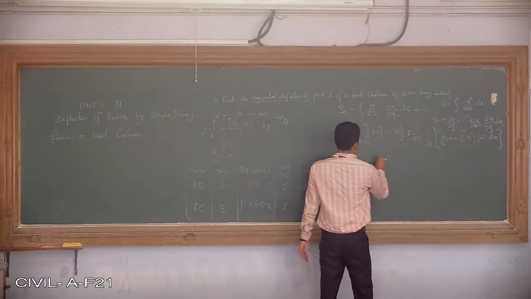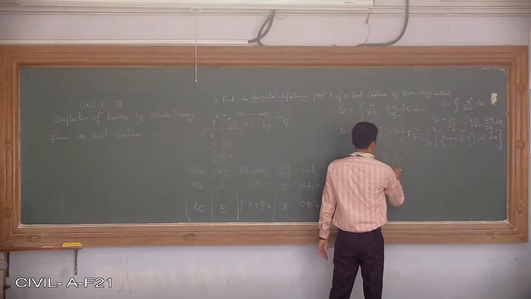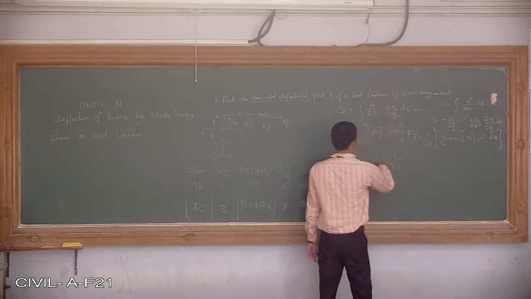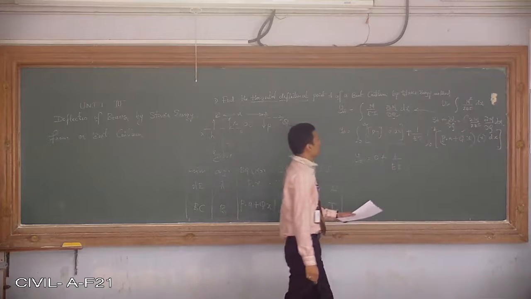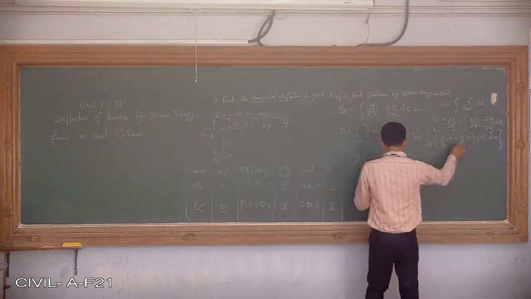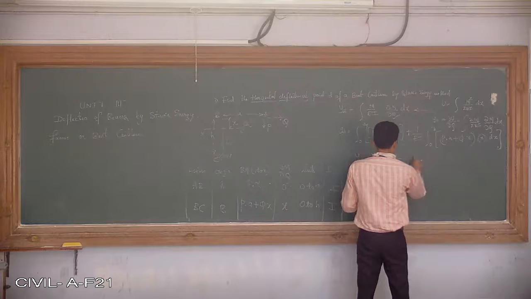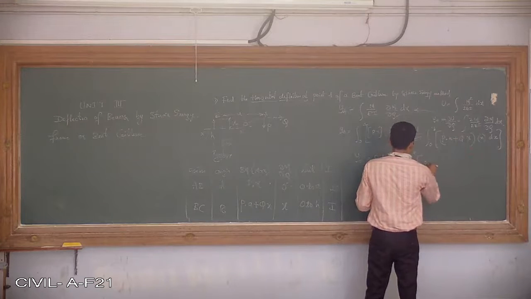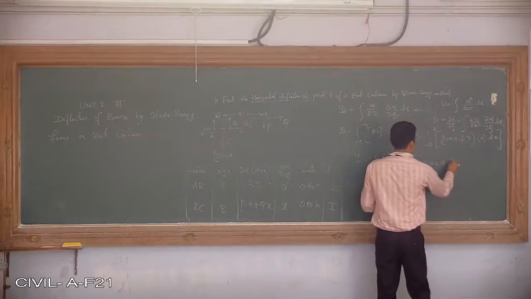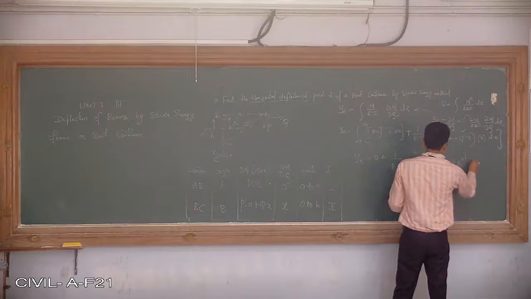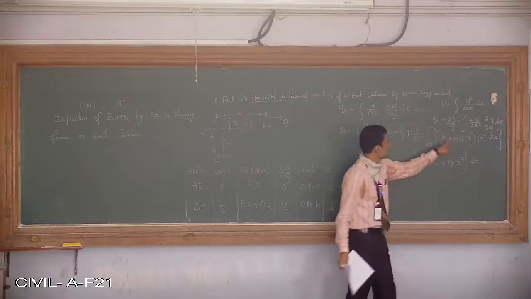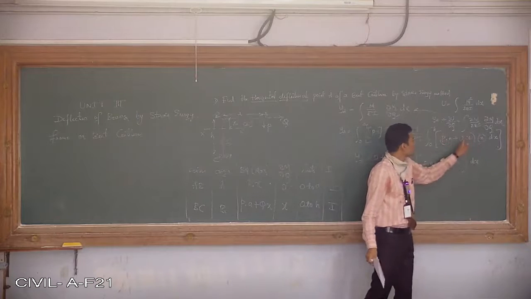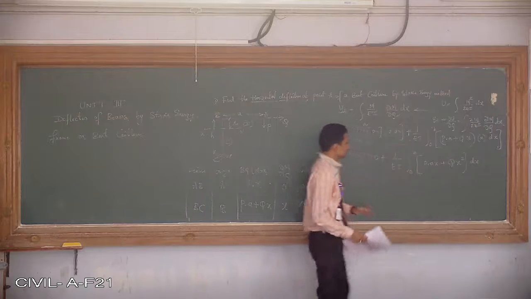So directly we have 0 plus 1 by EI. Okay, so just solve this term. What we get here, 0 to H, P A X plus Q into X square dx. Just multiply this: P into A into X, Q into X square dx.